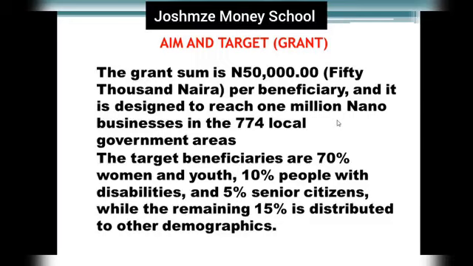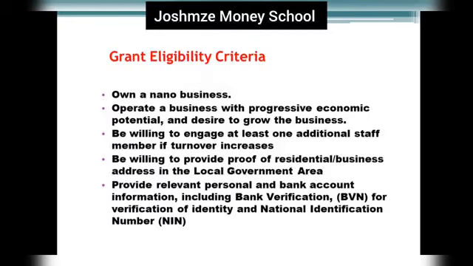Also, I want you to know that nano businesses are small businesses, and there are some criteria they are going to be looking at, criteria that has to do with the way the account holder operates his account, and all those things are going to be put in place. So guys, this is all about that.